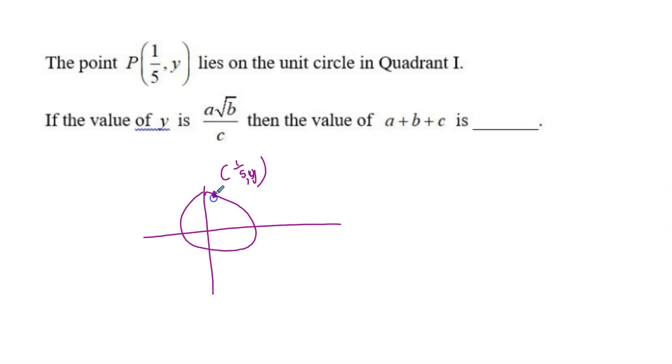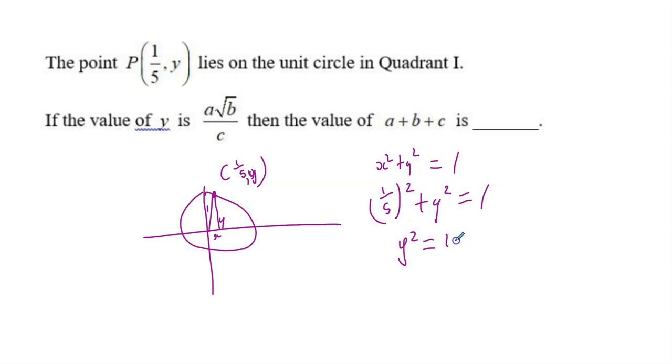Okay, so if it's on the unit circle, then we know that the radius is 1. So we know that x squared plus y squared equals 1. 1/5 squared plus y squared equals 1. y squared will be 1 minus 1/25, so y squared will be 24/25.